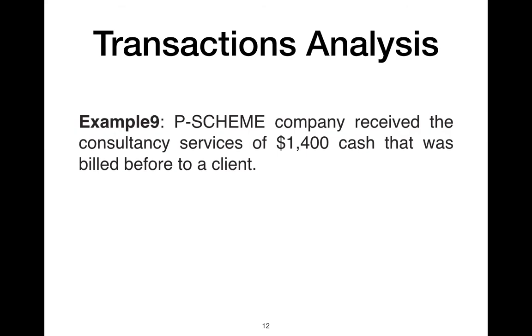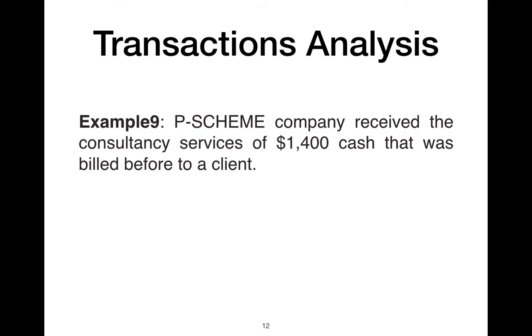Similarly, before solving example 9, we need to recall example 6, which was in slide 9, when the company performed a consultancy service for 3,000 US dollars, collected 1,600 US dollars in cash, and the remaining 1,400 was invoiced to the client.